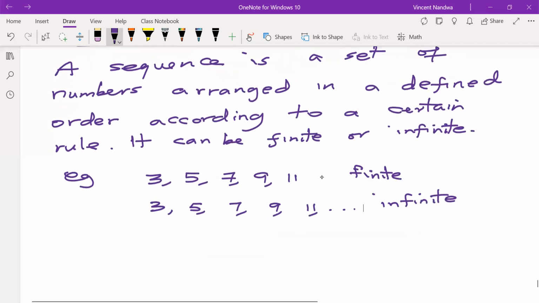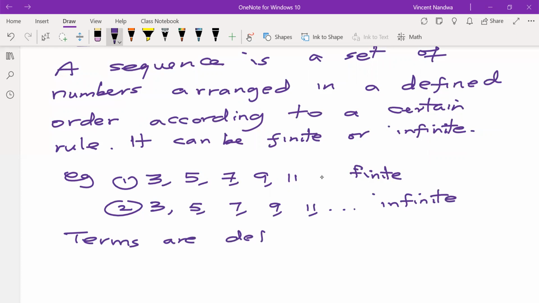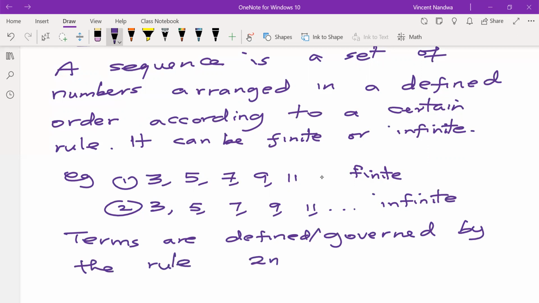So we clearly see that in both of these sequences 1 and 2, the terms are defined by the rule 2n minus 1, where n is a term.